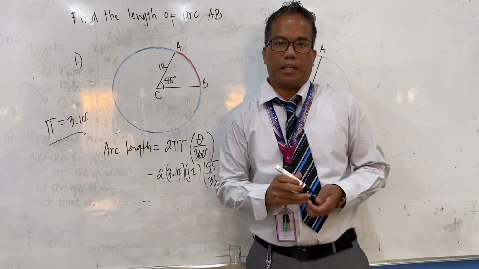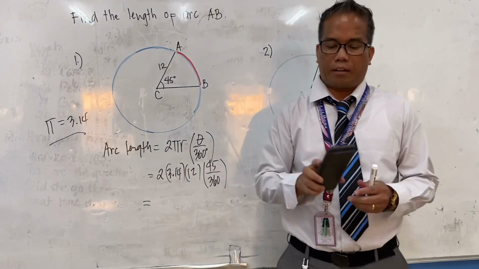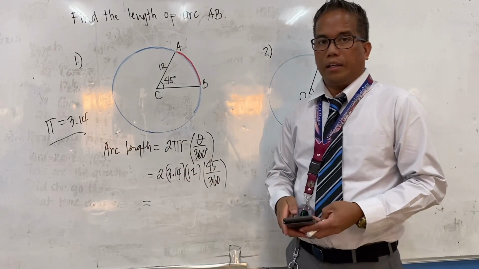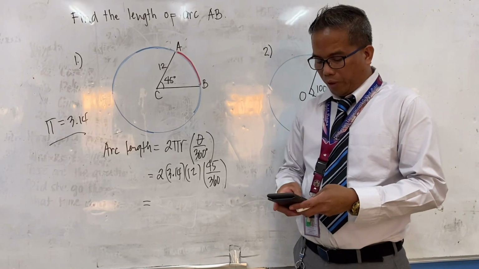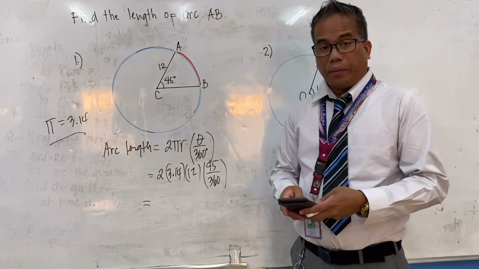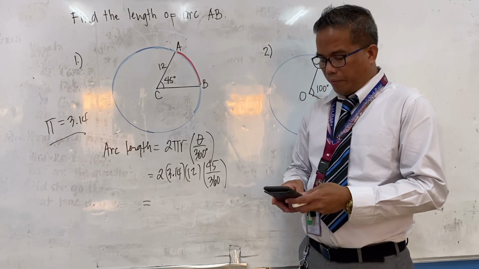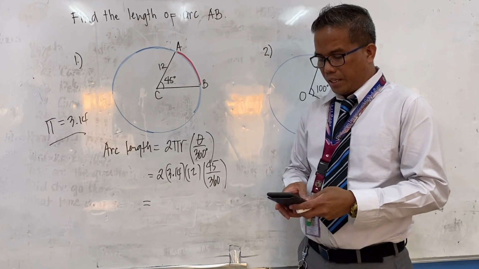You can use your calculator to find the answer. Let's enter these numbers: 2 times 3.14 times 12 times 45, divided by 360.